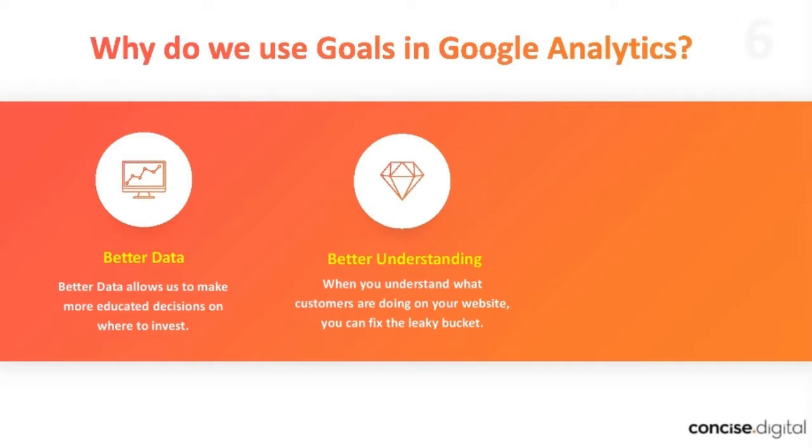It helps marketers have a better understanding of what customers are doing on your website, so you can fix the leaky bucket. You don't want people coming to your website and then dropping off without knowing why.